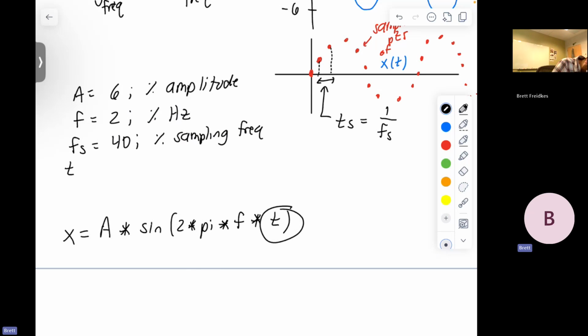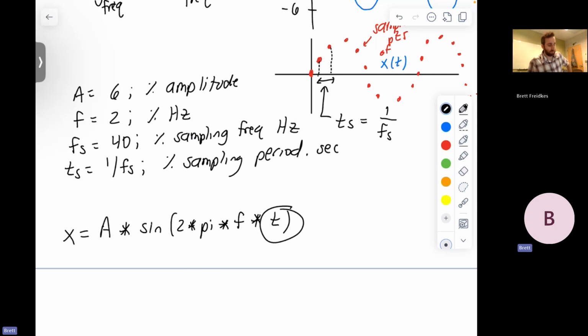How much time is in between? And the reason that's important is that if I want to create my time vector, then I have to go ahead and make sure that each discrete point is separated properly. So it's going to be 1 divided by Fs. This is my sampling period. This was in hertz. This was in seconds. Now, our data will start being collected at 0.